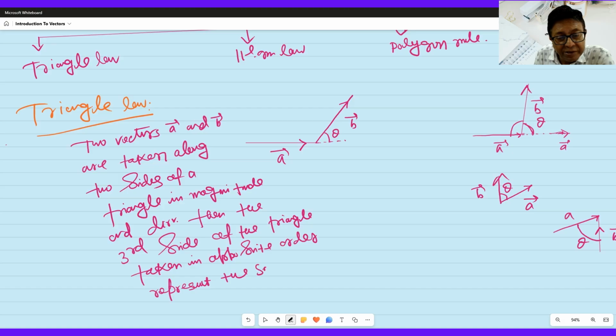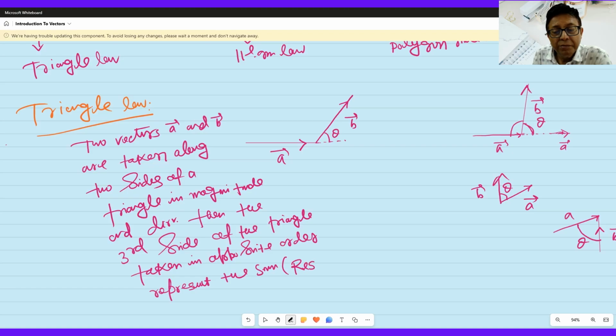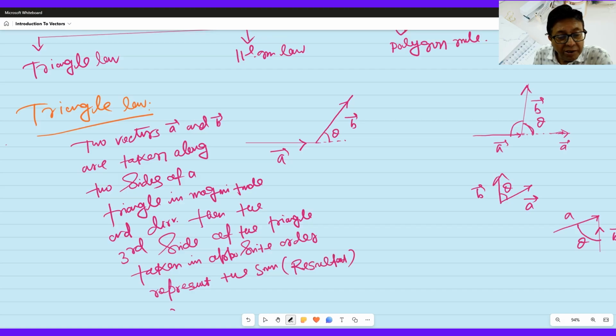Sum means you can say resultant also. Resultant of the given two vectors.